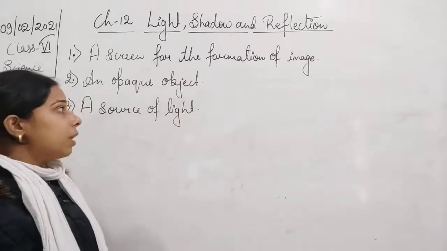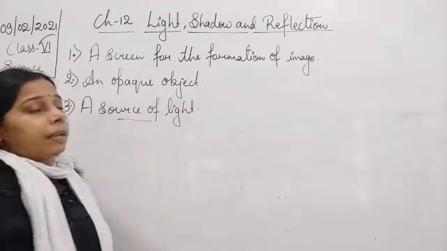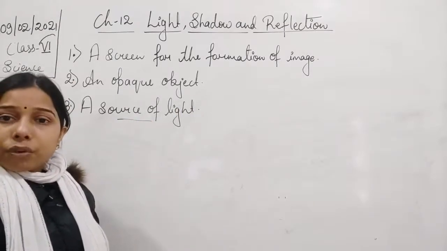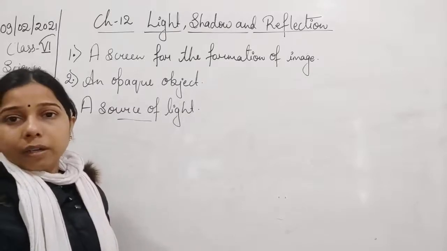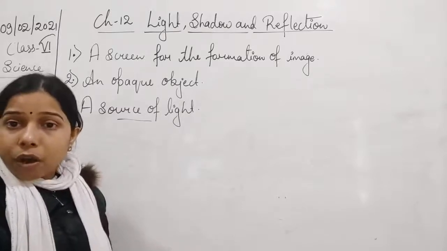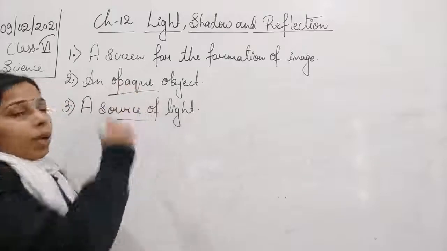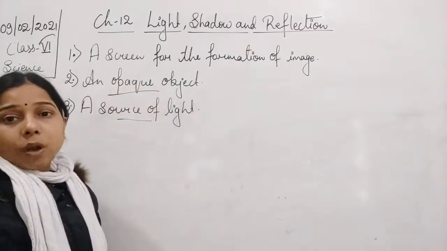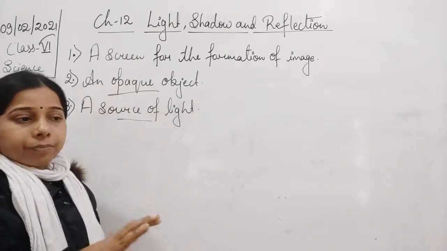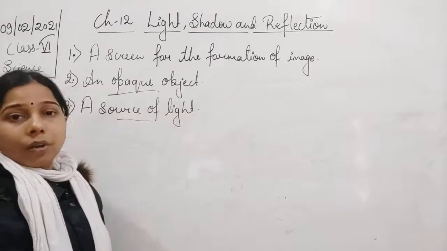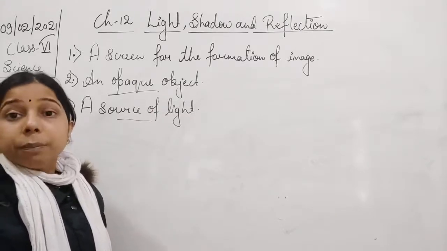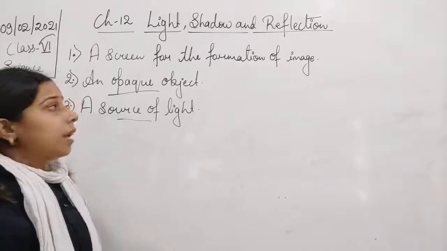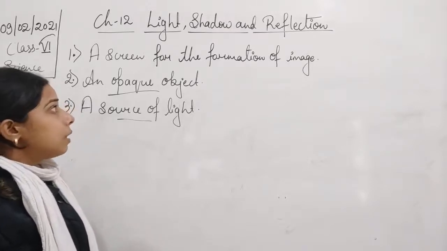A screen must be there. First of all, a source of light is there, student. If a source of light is there, then only light will be produced and light will fall on an object. Now what kind of object? The object should be an opaque object, because it is the opaque object which blocks the light and does not allow it to pass through. So it blocks the light, and because of that we are able to see the shadow.